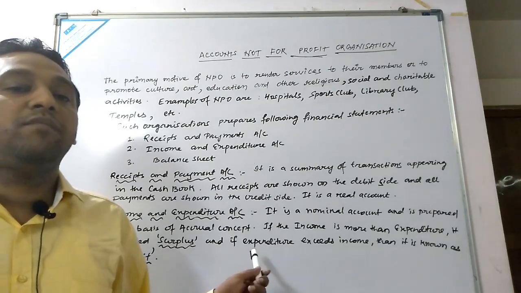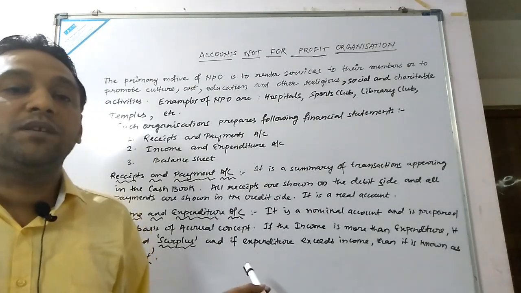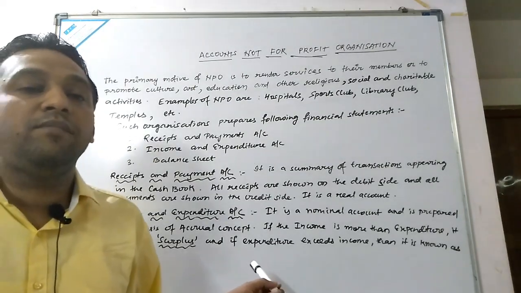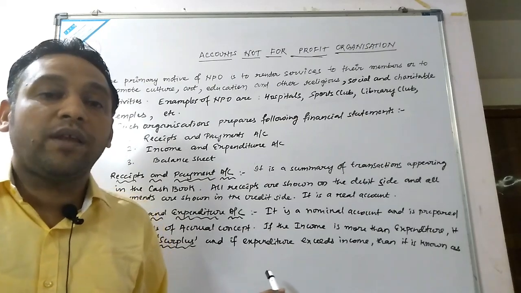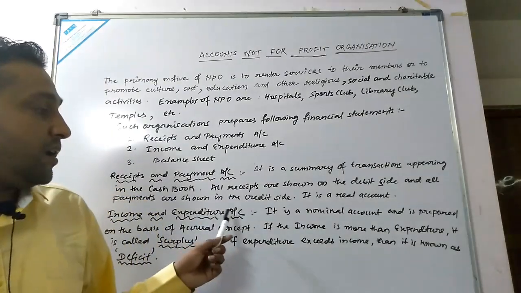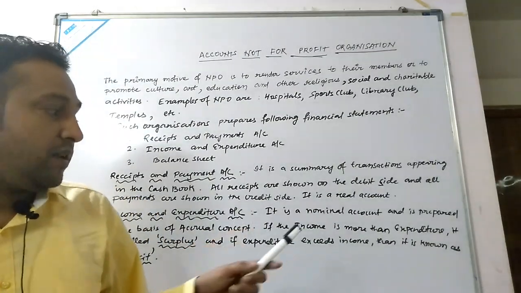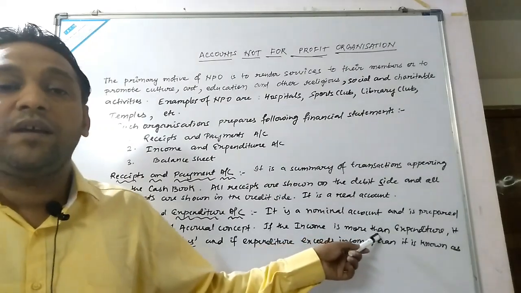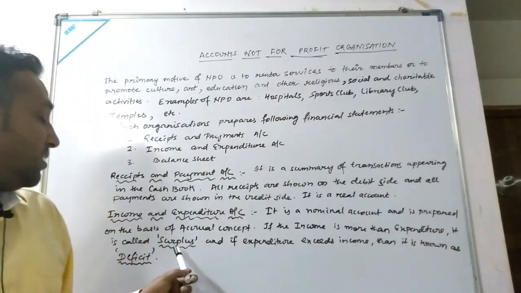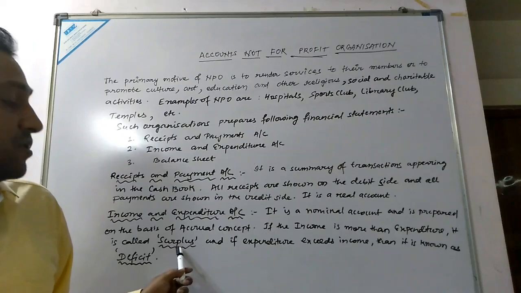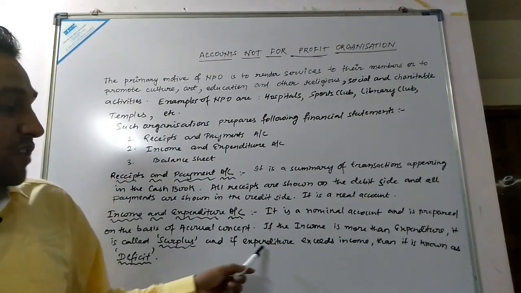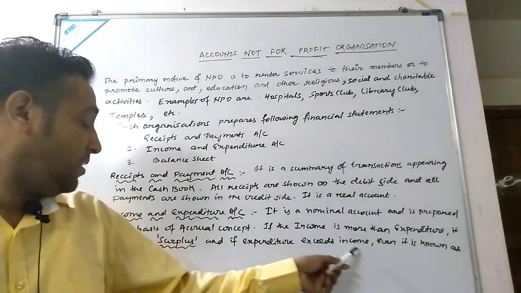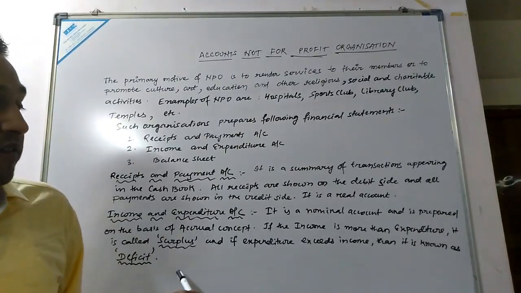Accrual basis of accounting means your prepaid expenses, outstanding expenses, accrued income, all expenses or income must be adjusted in the income and expenditure account. And if the income side is more than the expenditure, then the difference is known as surplus. And if expenditure exceeds the income, then it is known as deficit.